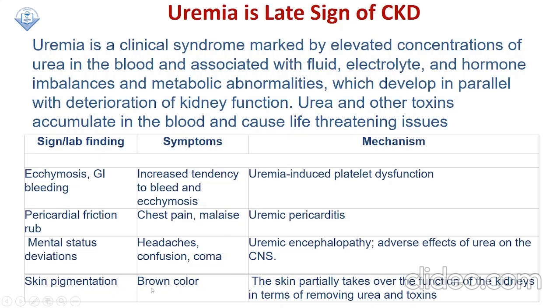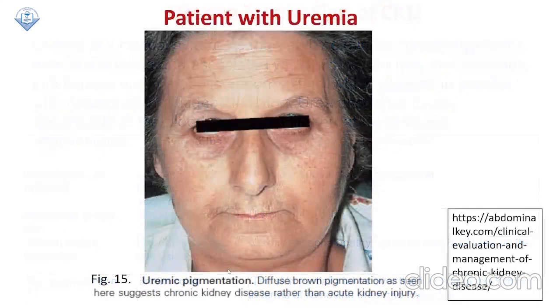Why? Because skin partially takes over the function of the kidney in terms of removing urea and toxins. And skin has some brown discoloration like it's seen in this picture. This is typical uremic pigmentation in a patient with kidney problems. Brown discoloration because blood is partially cleared not by the kidneys but by the skin of the patient.